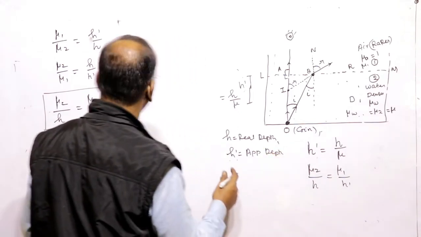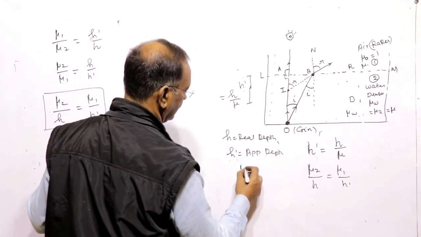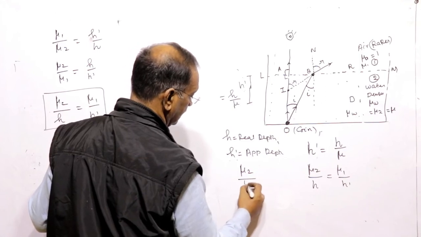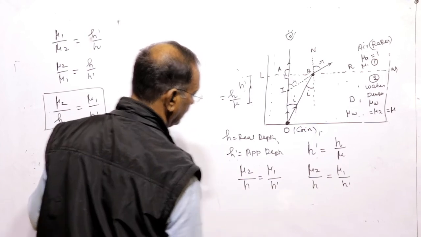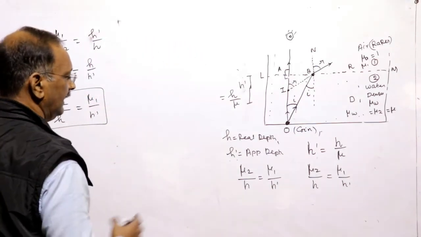Another way it can be written is refractive index of second medium by real depth is equal to refractive index of first medium by apparent depth. So these are the equations.